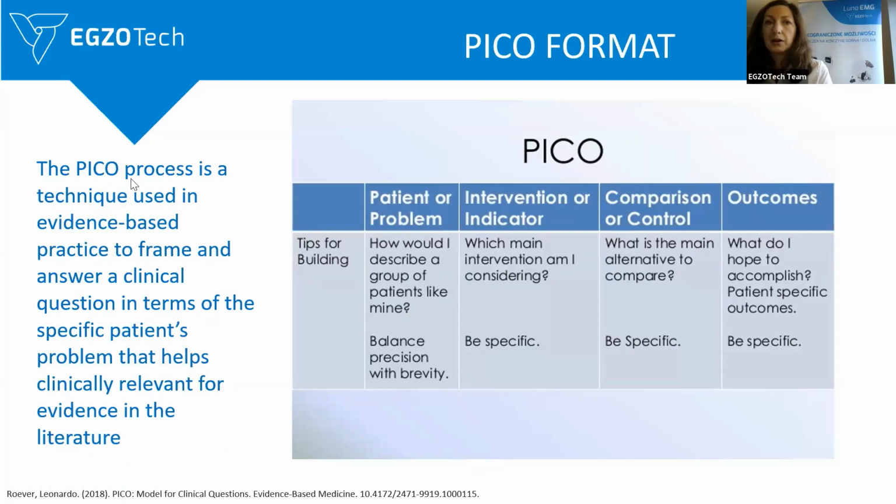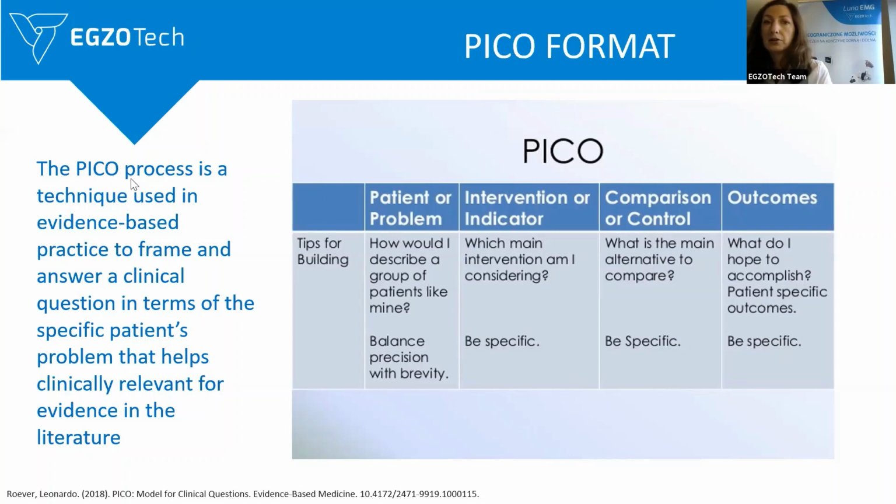PICO is the process and technique used in evidence-based medicine to frame and answer a clinical question in terms of the specific patient's problem, which helps find clinically relevant evidence in the literature.